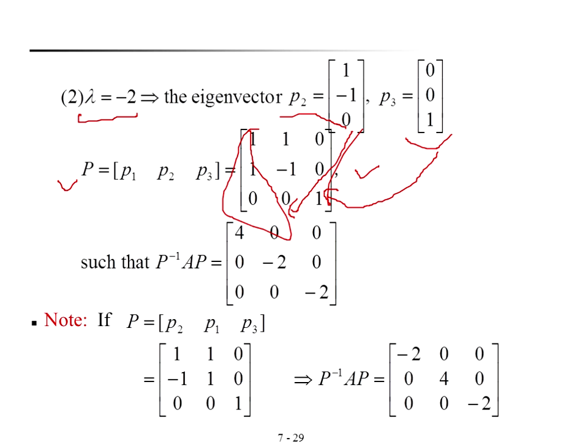Just rearrange these things and we get P inverse AP equal to this. So this is called the diagonalization. As we observe, the diagonal elements are 4, minus 2, minus 2, so it is diagonalized. This is the procedure to write the diagonalization.